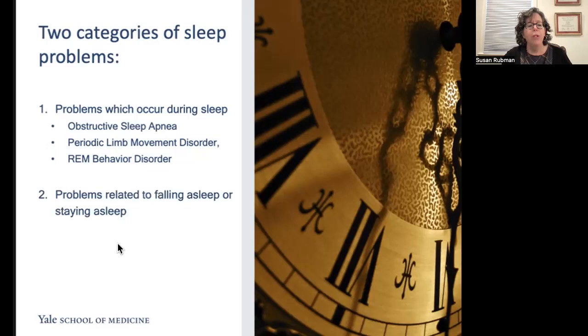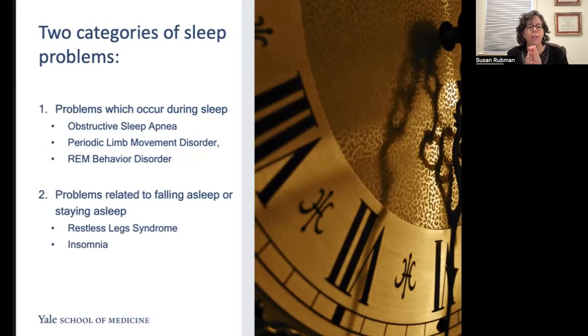Problems related to falling asleep or staying asleep, as opposed to those that occur actually during sleep, take two forms. The first is restless leg syndrome, and unlike periodic limb movements, which only occur during sleep, restless legs only occurs when we're awake. It's an uncomfortable sensation in our legs that feels like there might be something crawling on our legs or under the skin, and it's very distressing, only relieved by movement.